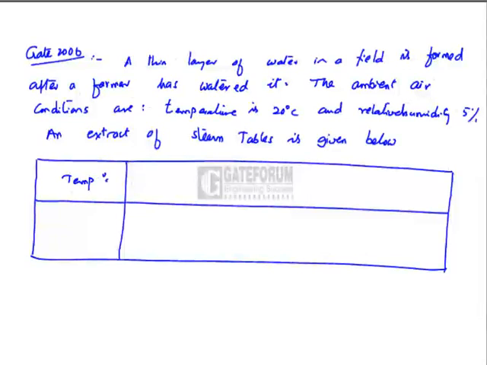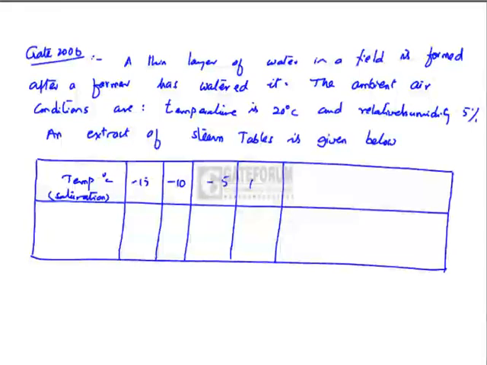Temperature, degrees centigrade, that is saturation: -15, -10, -5, 0.01, 5, 10, 15, 20.